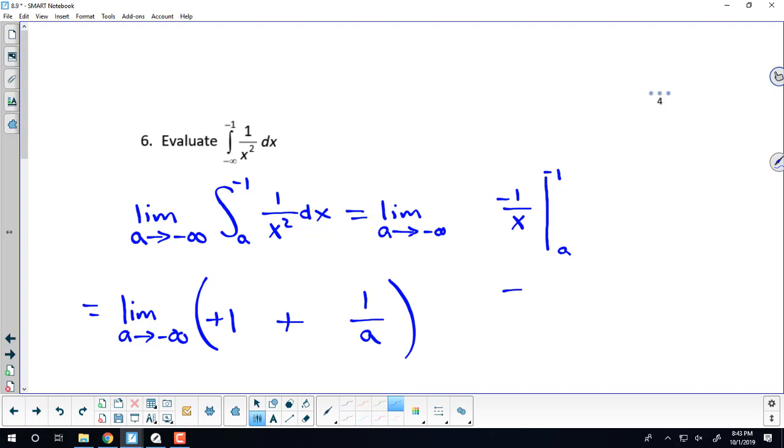So that would be a minus -1 over a, that second one. So as a approaches negative infinity, what is this limit equal to? It equals 1, because 1 over a approaches 0. So we actually now have an integral that converges.